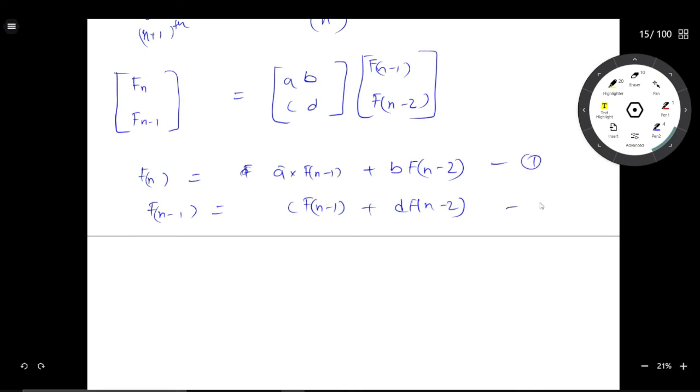This is equation first and this is equation second.